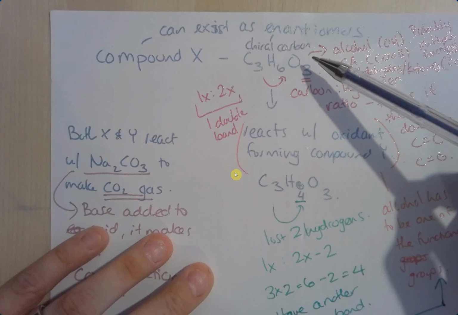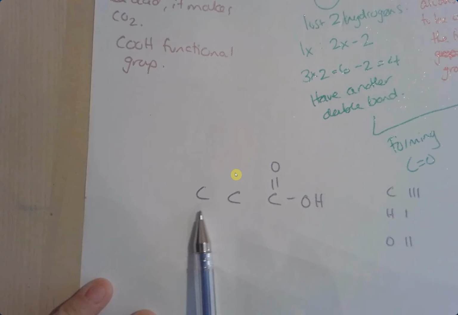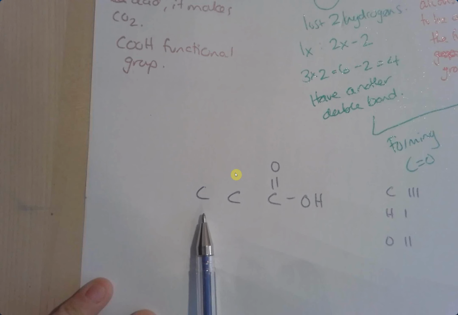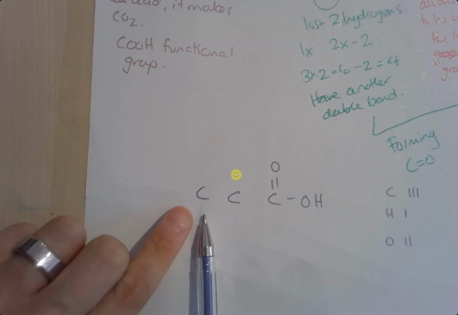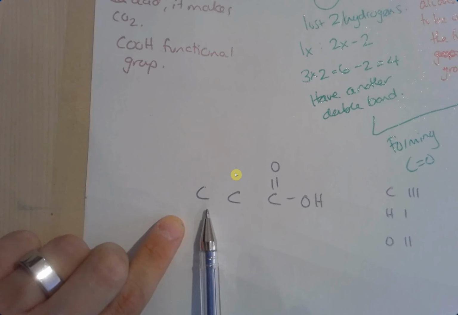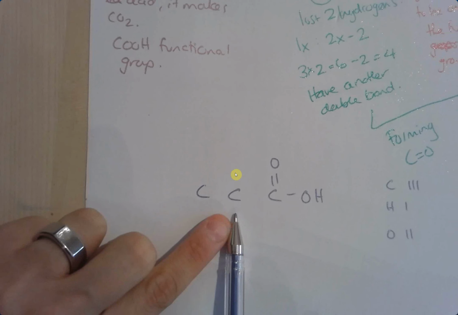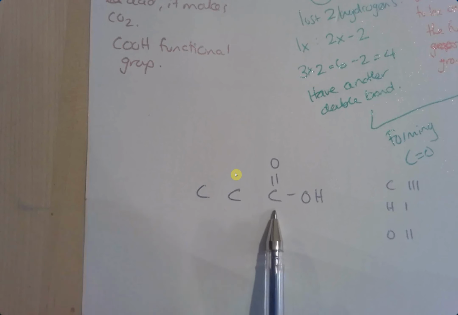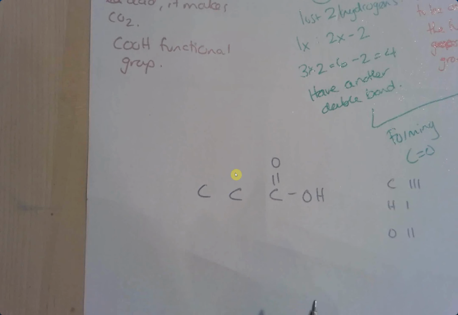Now, this hint here about the chiral carbons helps me figure out which one it is. If I put the alcohol on carbon number 1, there would be no chiral carbon. And the reason why is because I would have 2 hydrogens on this carbon, excluding it from being chiral. And this one can't be chiral because of the double bonded oxygen.